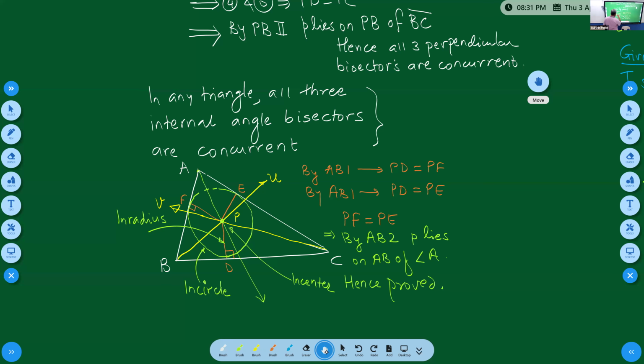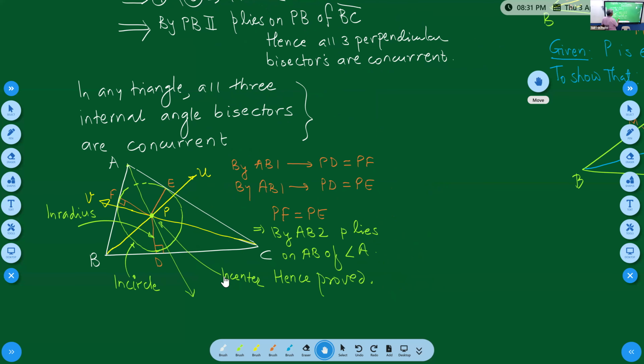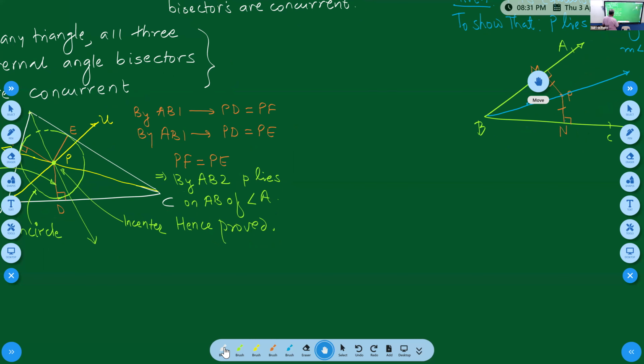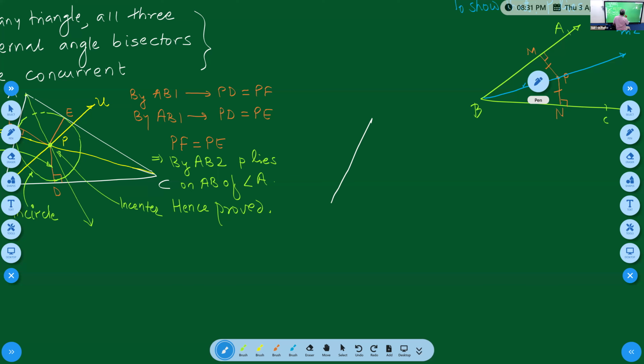But before that, because this diagram is there with us, and now we know what the incenter is, suppose I have a triangle and I have incenter I. If we draw the angle bisector of A, of B, and of C, these three internal angle bisectors will pass through I. Correct?